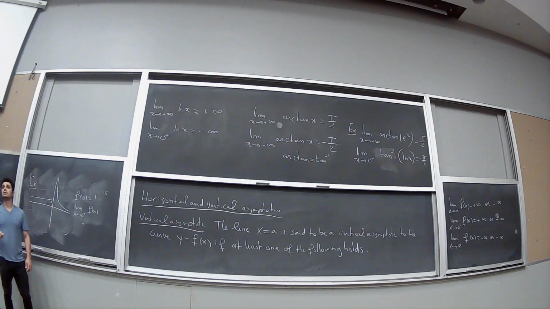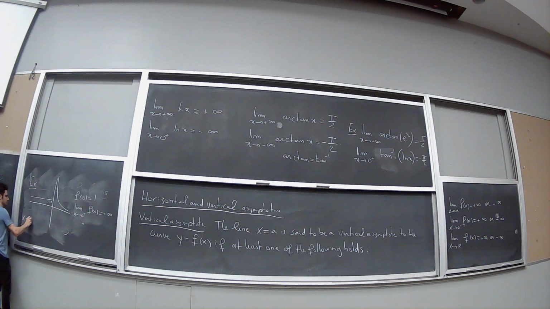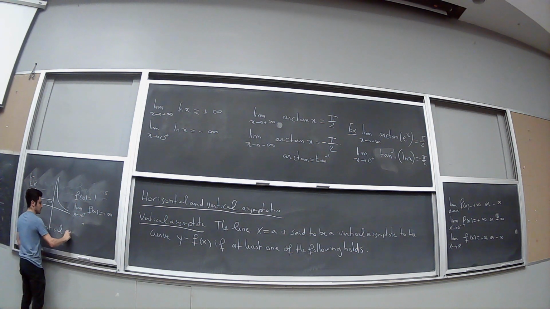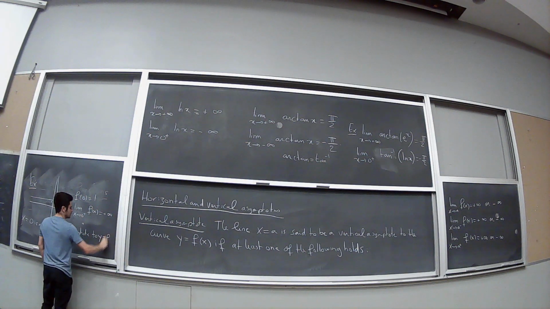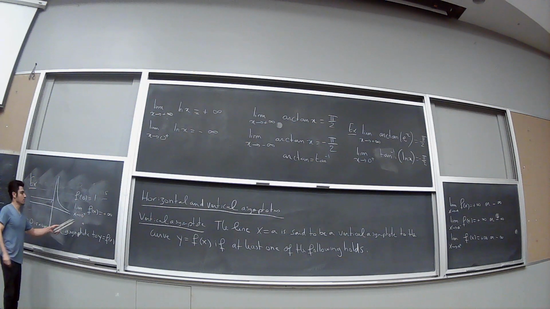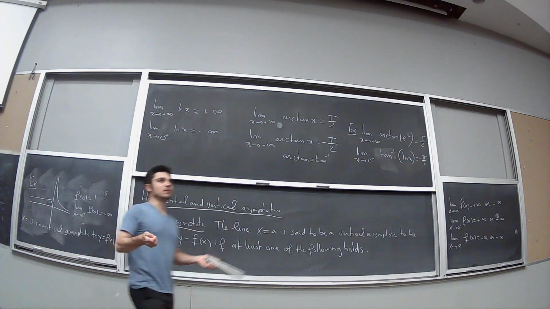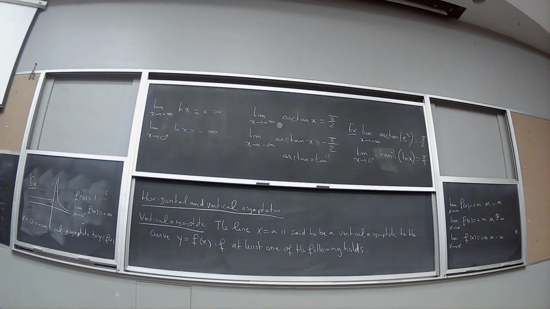Positive infinity. So the line x equals 0 is a vertical asymptote to y equals f of x. Okay, it's not necessary that both sides of the limit do not exist. Everybody, are we good?